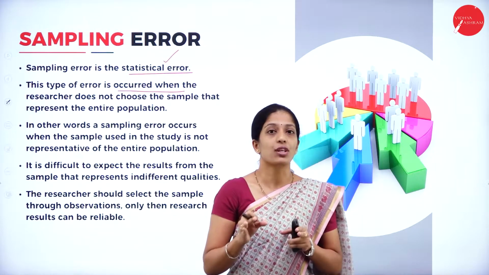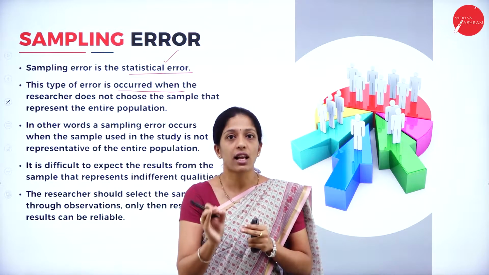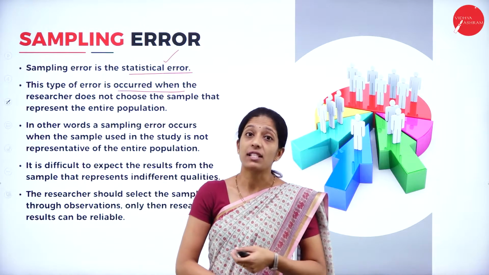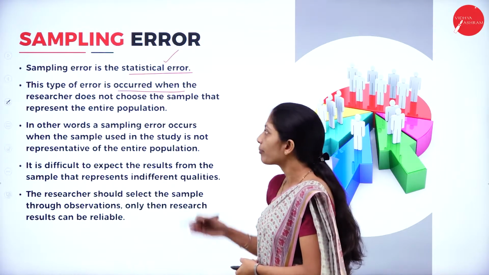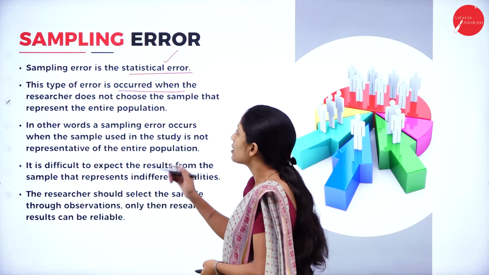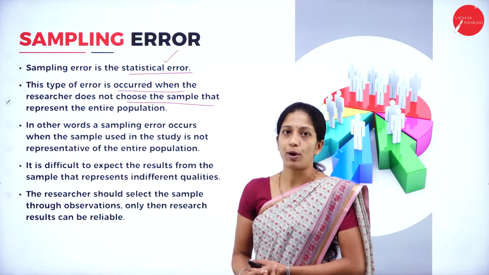The overall research work will also become wrong, because we can't get the exact data or information we want if we select the wrong sample. So this type of error occurs when the researcher does not choose the sample that represents the entire population.